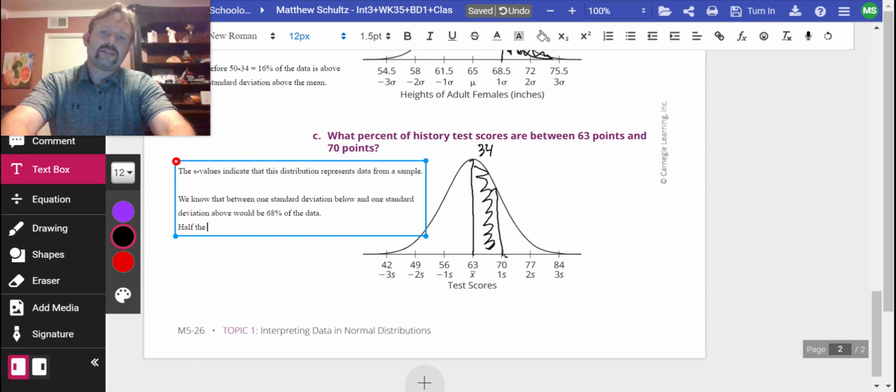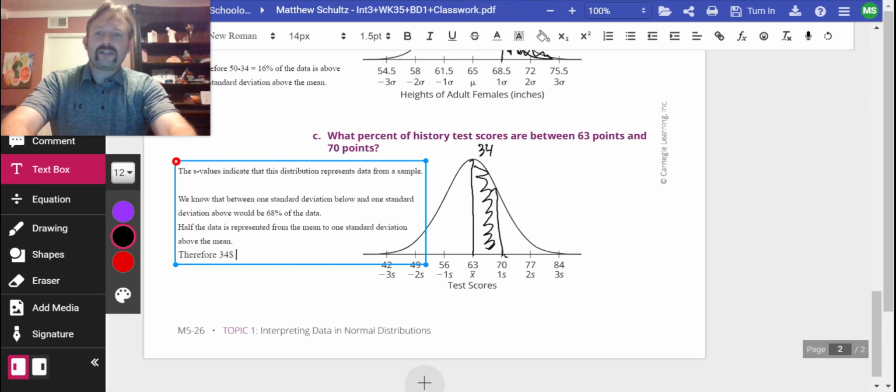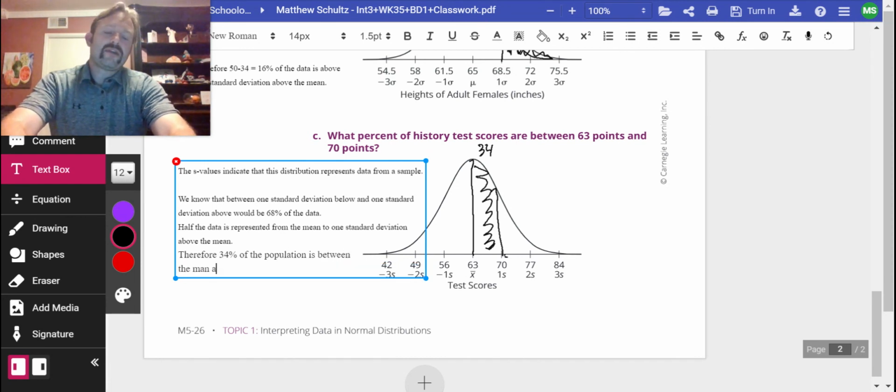Half the data is represented from the mean to one standard deviation of the mean. And therefore, 34% of the population is between the mean and one standard deviation above the mean.